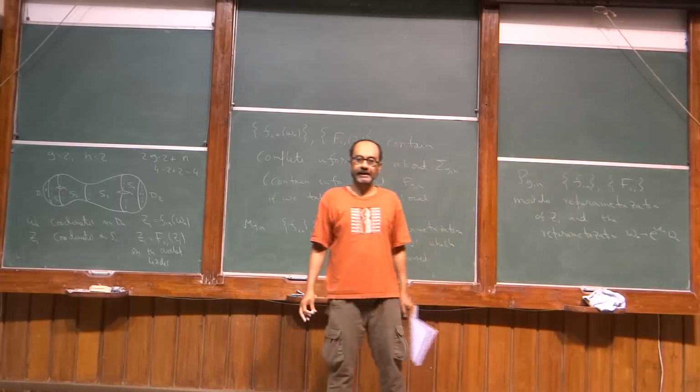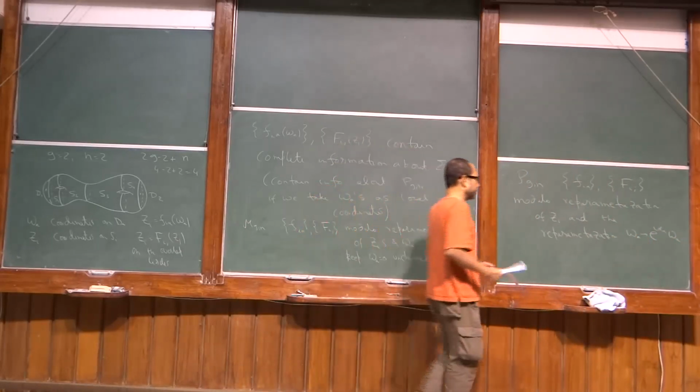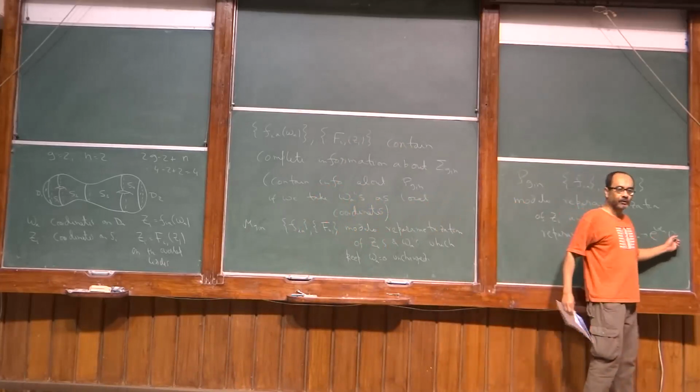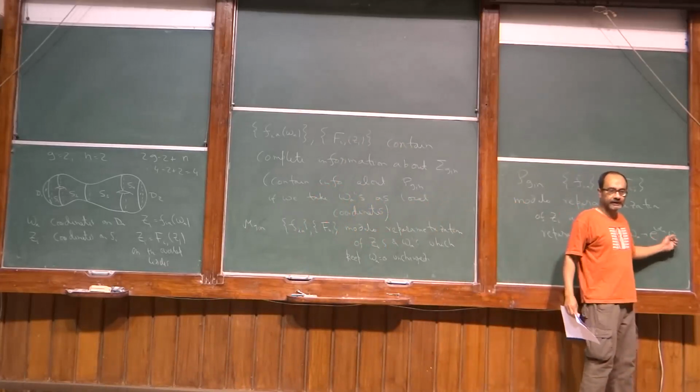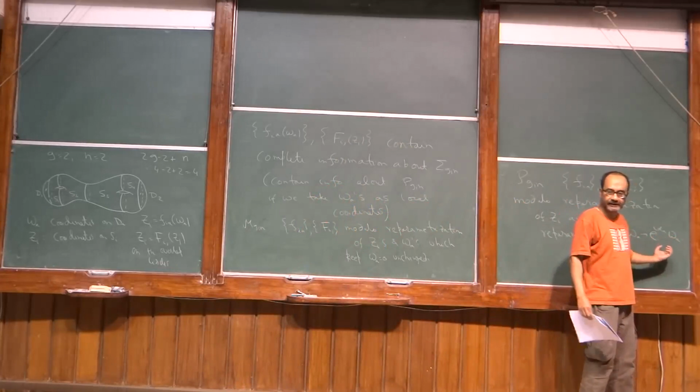So in the definition of PGN you quotient out only by a very specific kind of reparameterization which corresponds to change of phase of W. This of course leaves WA equal to 0 unchanged.